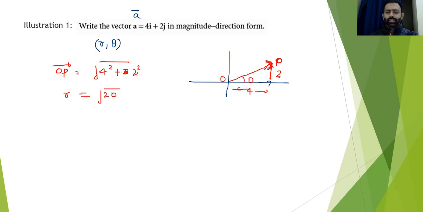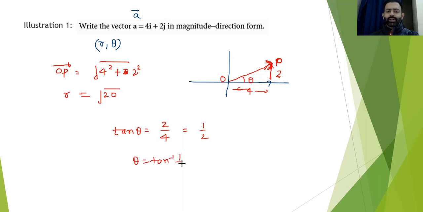angle. Now for the angle that it is making with the positive x direction, you can apply the tangent rule, means tan theta, right? Since opposite and adjacent are involved, so opposite and adjacent are only in tan theta, right? So in this triangle, if you apply tan theta, you will get 2 by 4, opposite upon adjacent, right? So this is half, so theta you will get as tan inverse half.